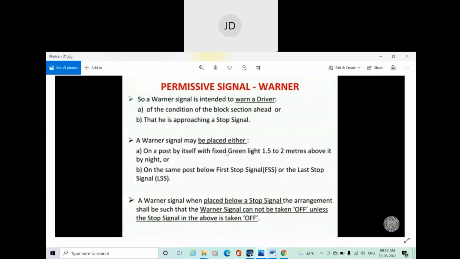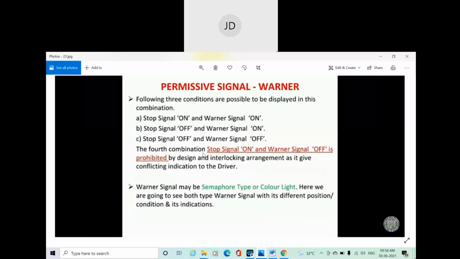So a Warner signal can be installed in a single post where a green light is installed 1.5 to 2 meters above the arm, especially at night, and it can also be installed along with the stop signal in the same post.